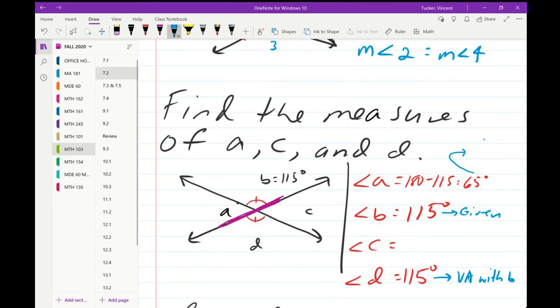So that is a straight angle with B. So anytime your lines or your angles form a straight line, they're supposed to add up to give you 180. So we knew what B was, which was 115. Subtract that from 180. That will give us what A is.